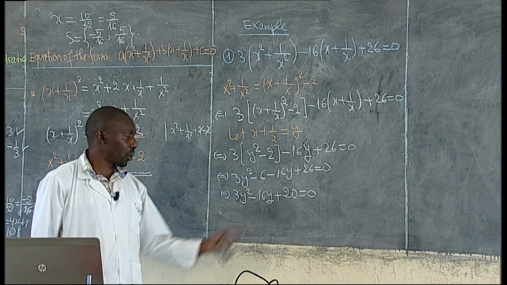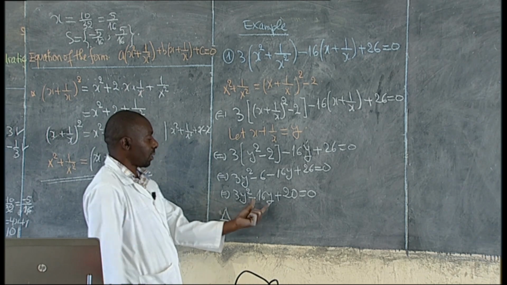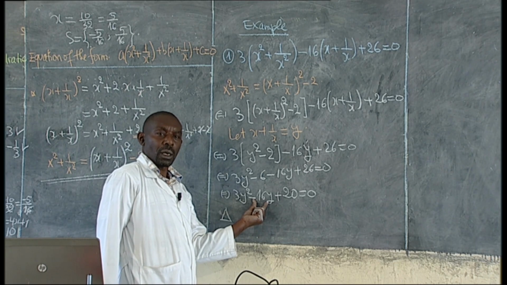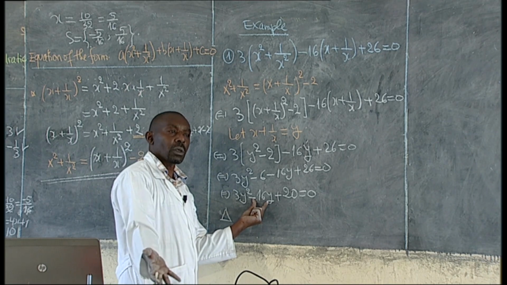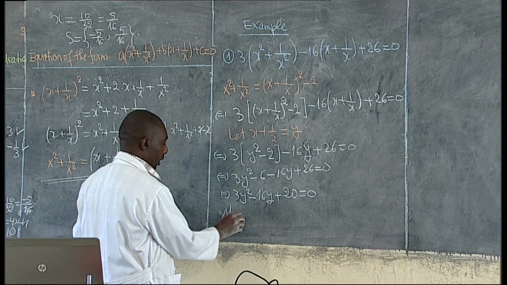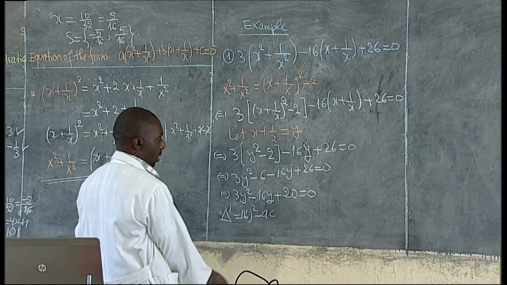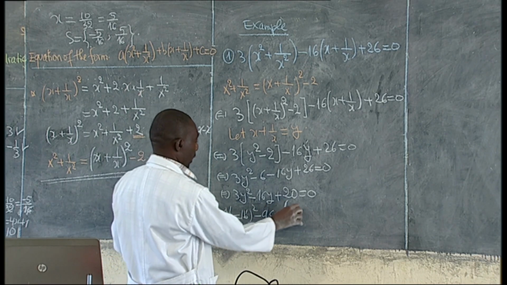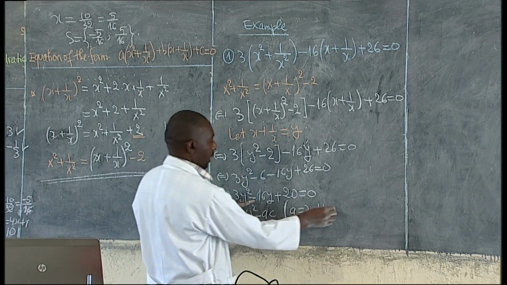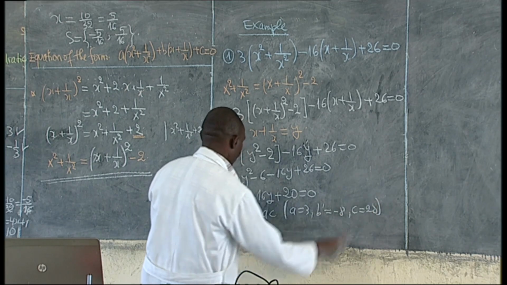Let me solve this quadratic equation using the quadratic formula, but as the coefficient of y, I mean b, is even, I can use the reduced discriminant, which is b dash squared minus ac, where of course a is equal to 3, b dash is a half of this, means minus 8, and c is 20.